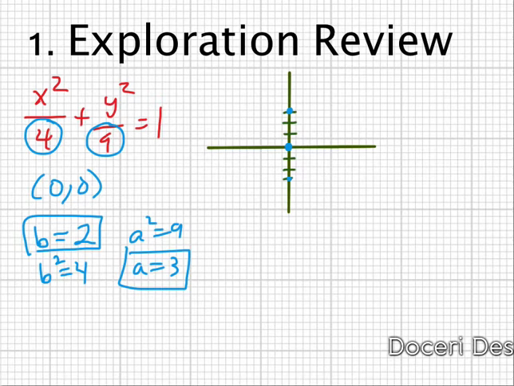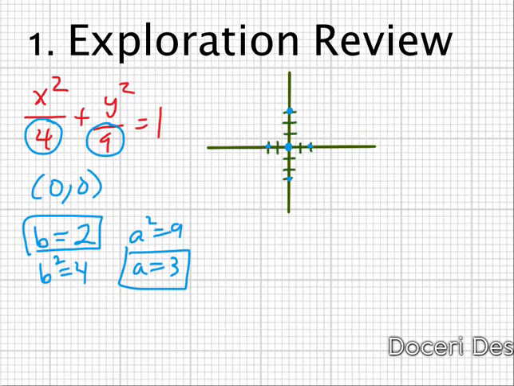Then I do my co-vertices. Those are the vertices going the opposite direction. So a goes up and down in this ellipse, and that means b is going to go left to right. So I'm going to go left to right 2 units. I've got 2 units left and right, and I put my co-vertices.